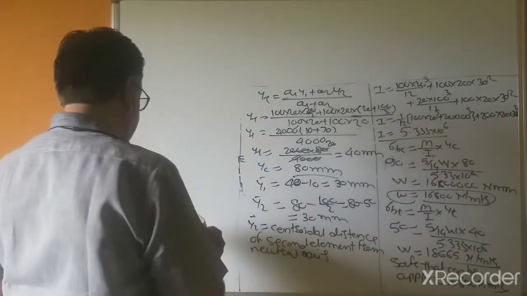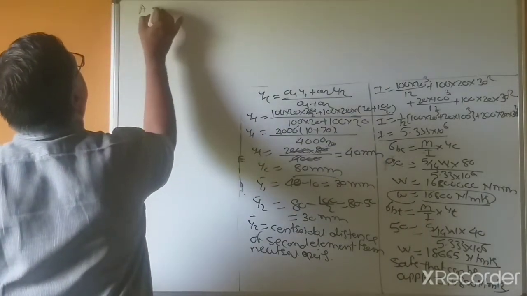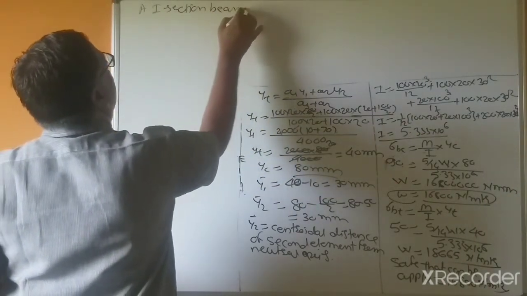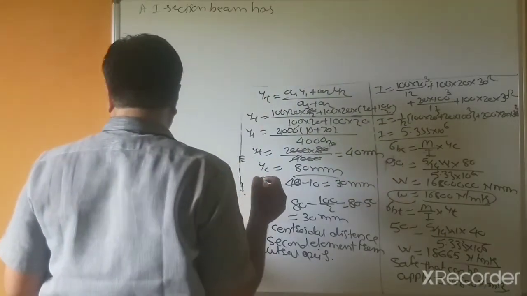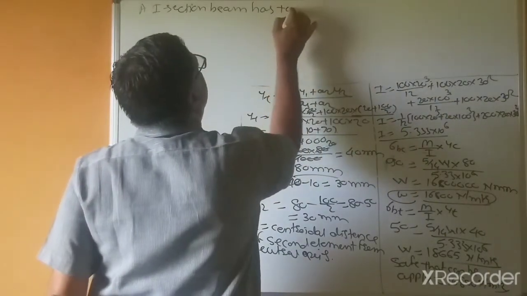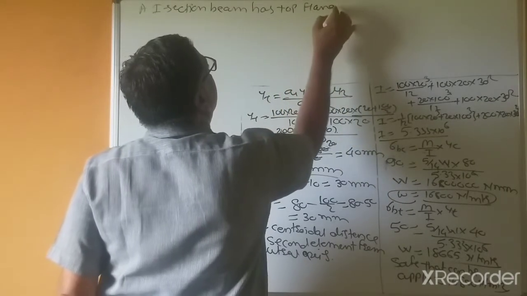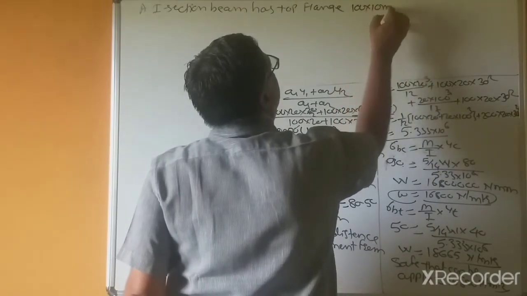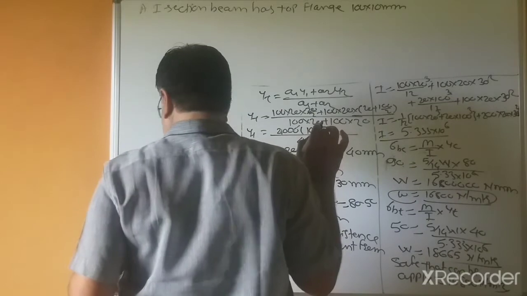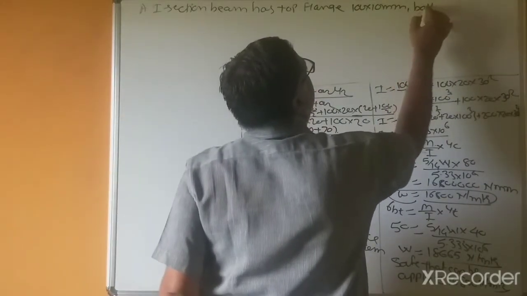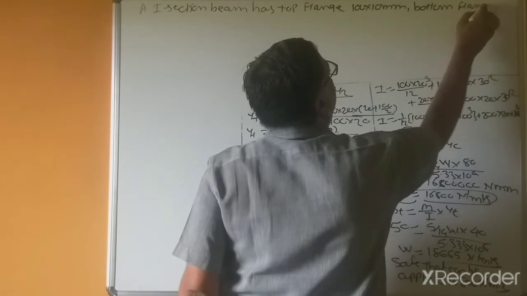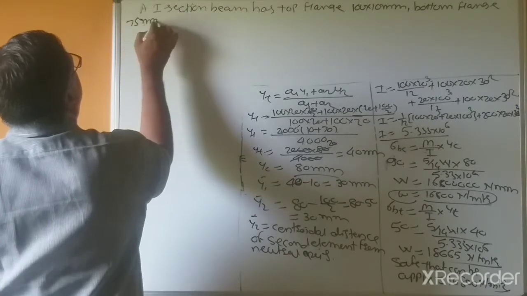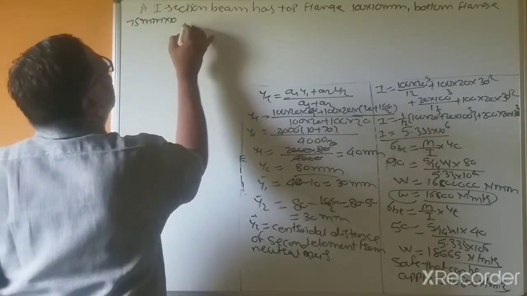An I section beam has top flange 100 by 10 mm, bottom flange 75 mm by 10 mm.